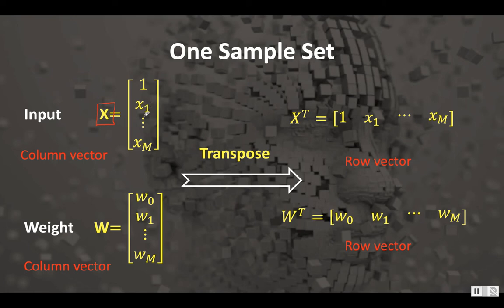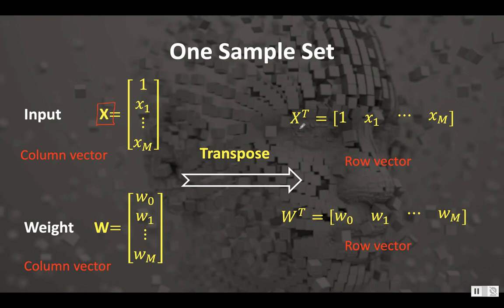Here we use the lowercase x to indicate each element. Capital X is an m plus 1 by 1 vector, which means it has m plus 1 rows and only one column. We call that a column vector.